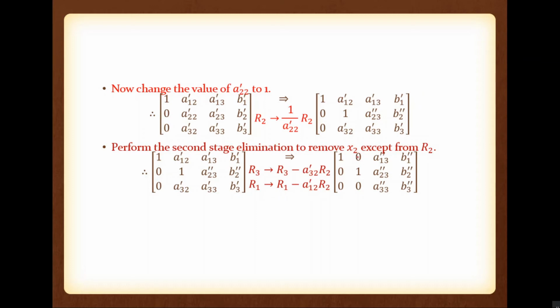Then this one is removed, so that is 0. Now A13 dash is modified to A13 double dash and B1 dash is modified to B1 double dash. Now by using the row 3 operation, this element is removed, so we have 0 here. Now these two elements are modified: A33 double dash, B3 double dash. So the second elimination is over.